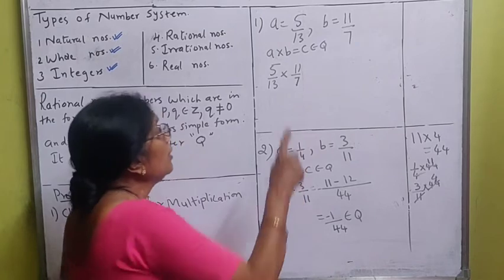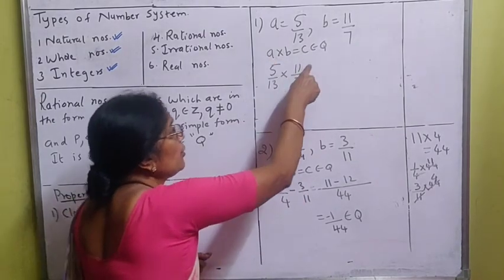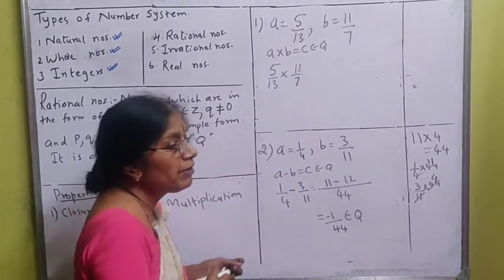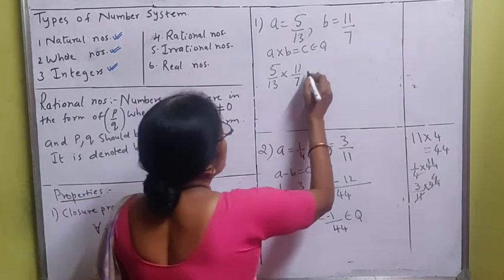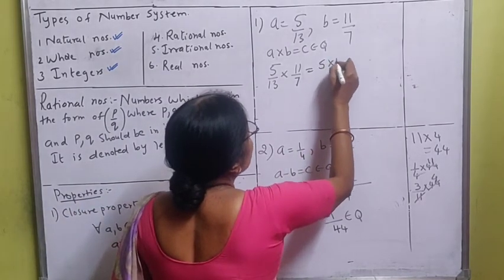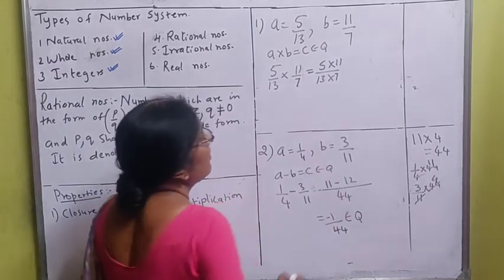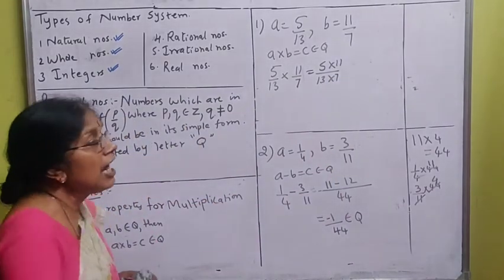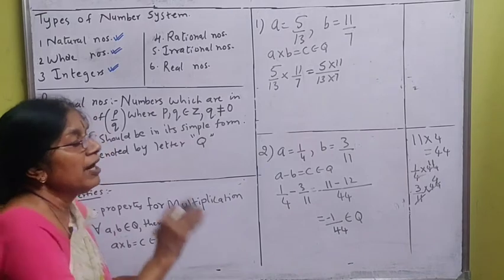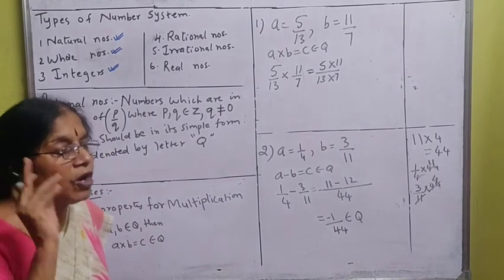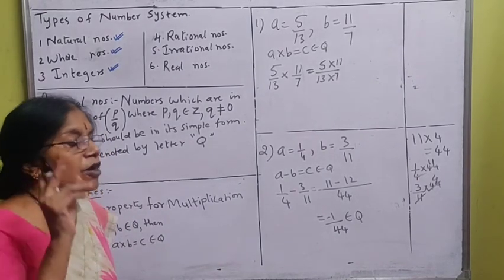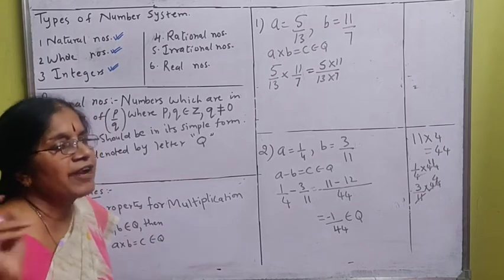What you have to do? Numerator should be multiplied with numerator and denominator should be multiplied with denominator. So I have to do 5 into 11 divided by 13 into 7. So don't make the mistake of taking LCM. Multiplication does not have LCM for rational numbers or for fractions.